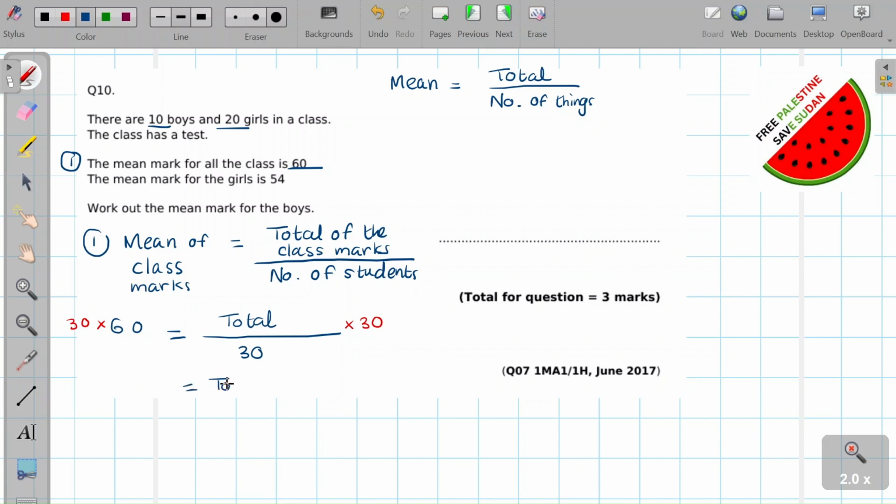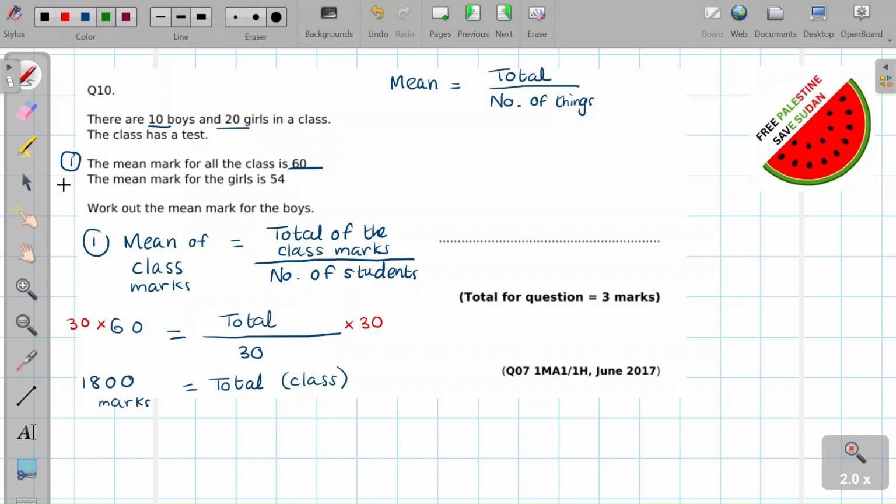So your total for the class, I don't know why I used brackets, I should have just written it without brackets, is 1800 marks. So 1800 divided by 30 gives you 60.